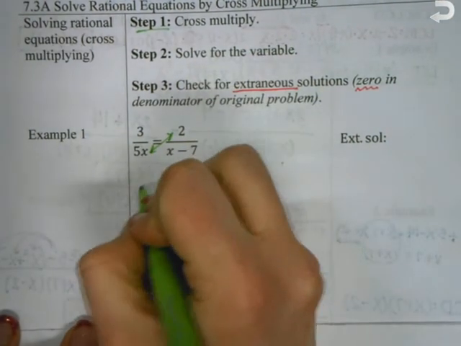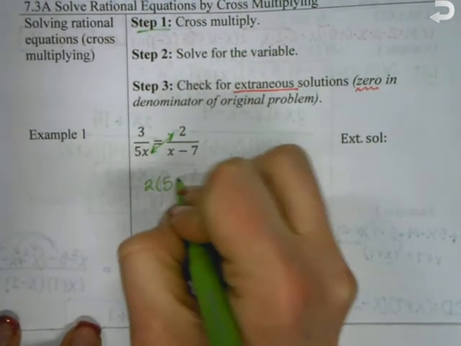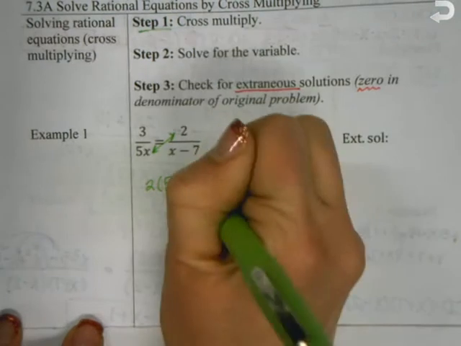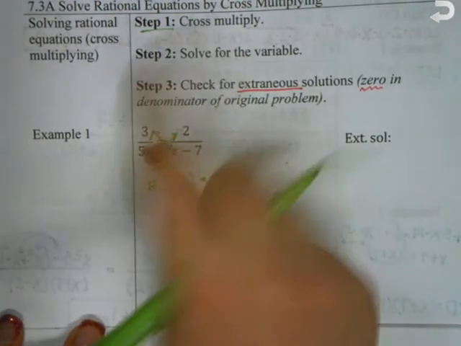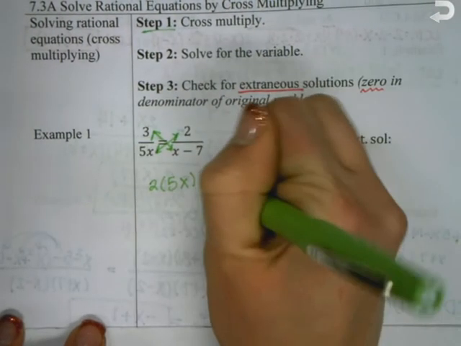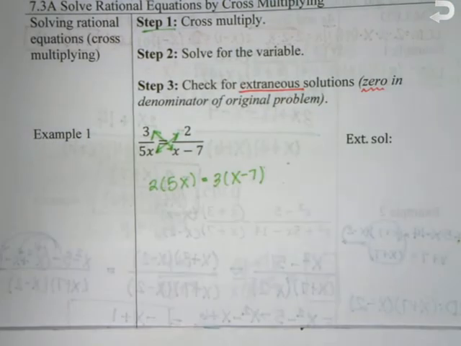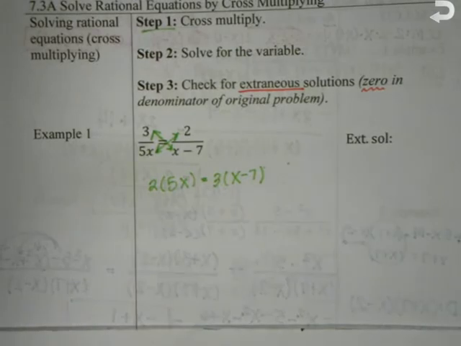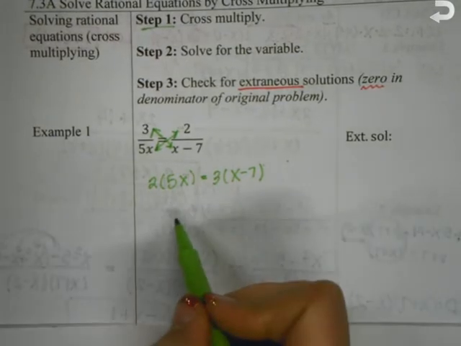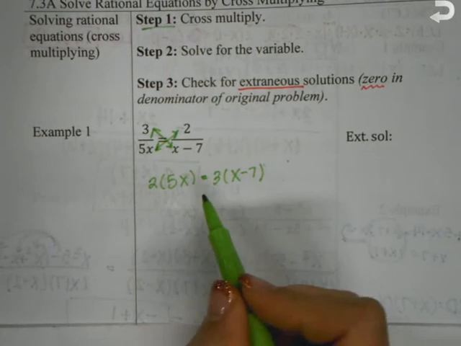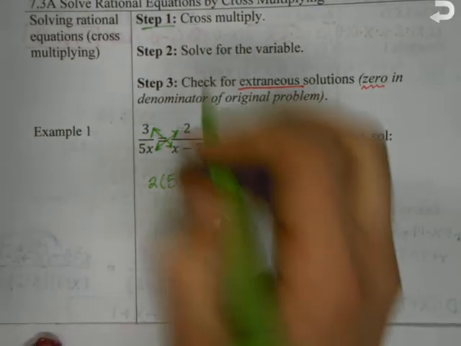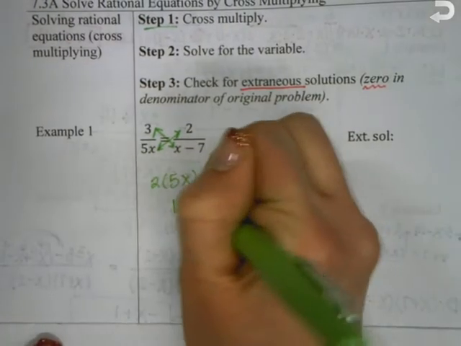So let's first just write it out. 2 times 5x equals 3 times x minus 7. Okay, so all I did first was I wrote out the multiplication, and then let's actually do it. 2 times 5x gives me 10x equals 3 times x minus 7.